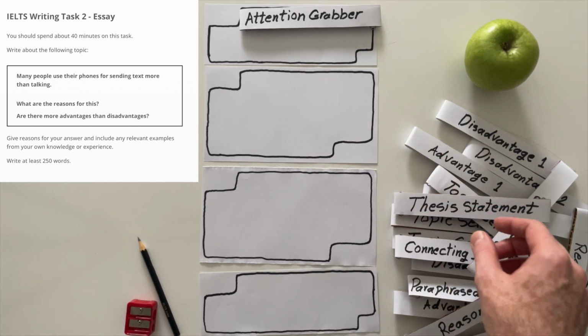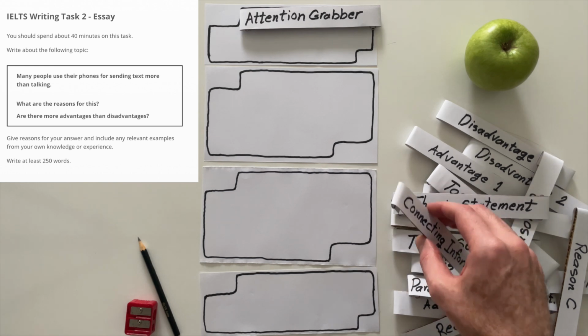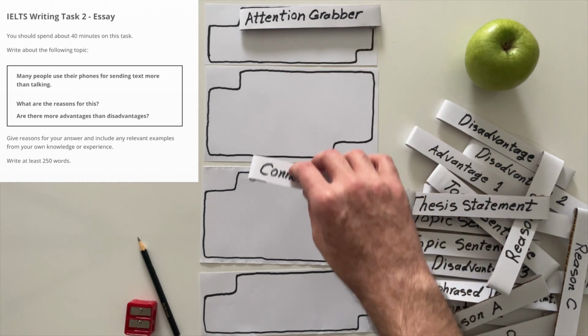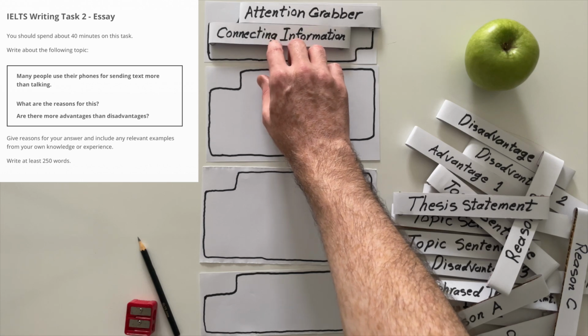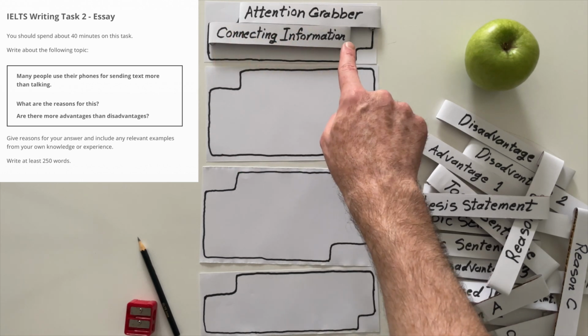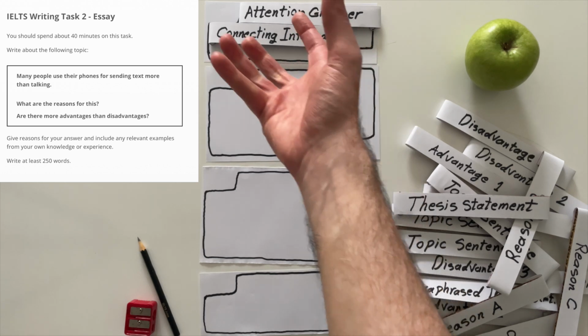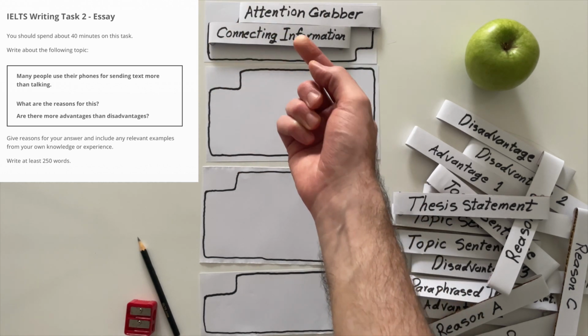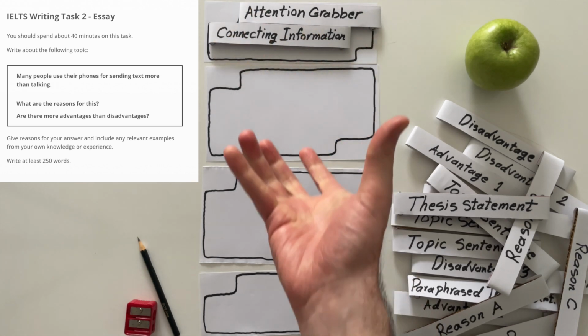After the attention grabber, we need something to connect our thoughts with the plan ahead. We call that a connecting information sentence. That sentence will act as a middle element. Once you grab your audience's attention, then you need to step by step bring them to the essay.